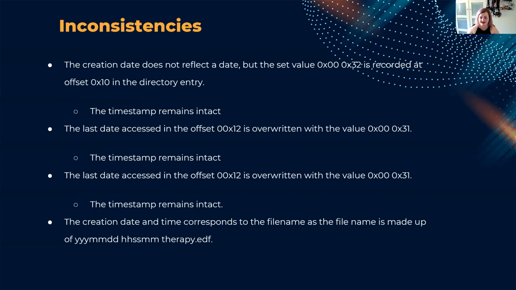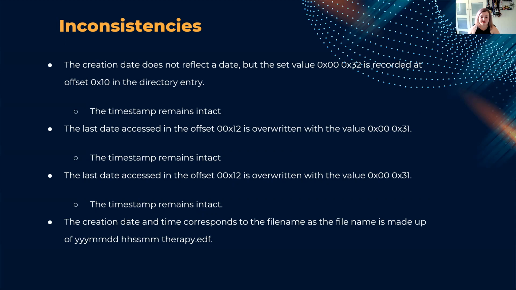Now, the last access date at the offset hexadecimal 0x12 is overwritten with the value 0x00, 0x31, but the timestamp remains intact, and so it carries on. It seems that the dates are overwritten, versus the timestamps that are still in the files.